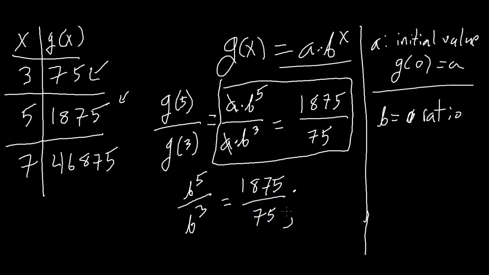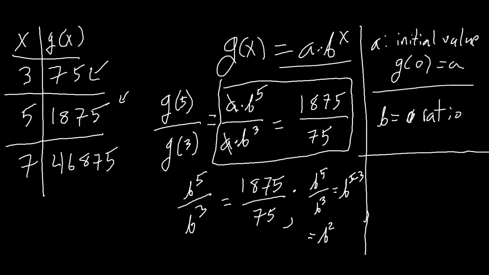We know that b to the fifth power divided by b to the third power, from our properties of exponents, is equal to b to the 5 minus 3, which is equal to b squared, okay?